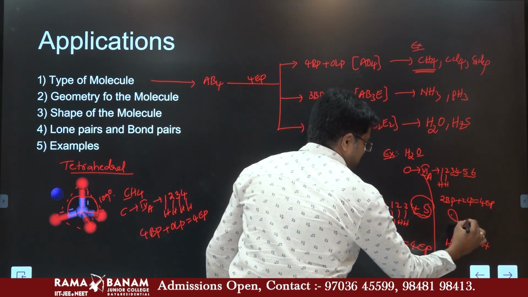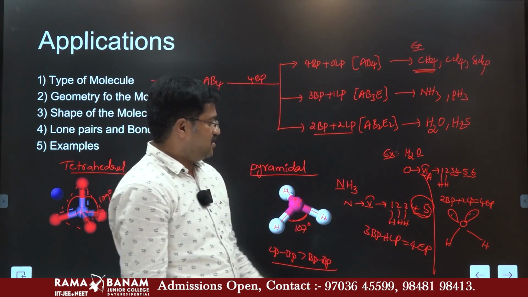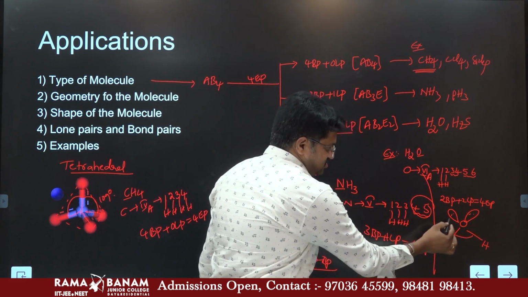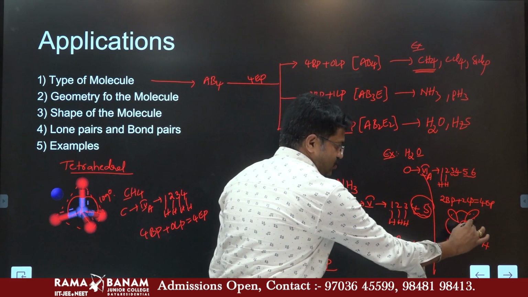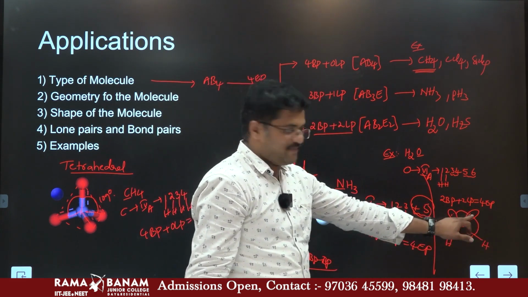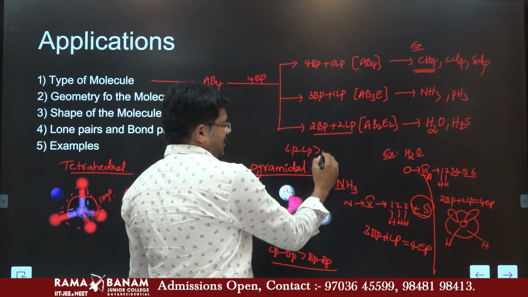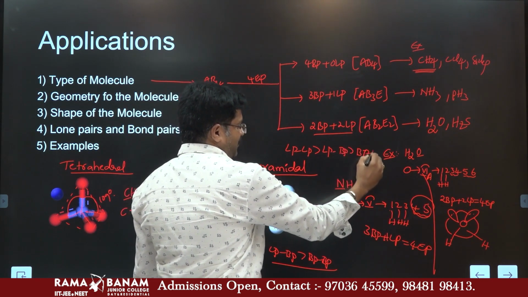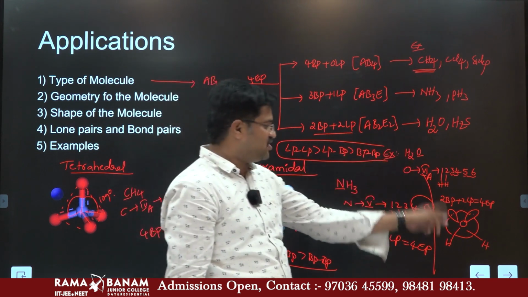Here there are 2 bond pairs and 2 lone pairs. Here we observe bond pair repulsions and lone pair repulsions. So lone pair-lone pair repulsion is greater than lone pair-bond pair repulsion, which is greater than bond pair-bond pair repulsion.